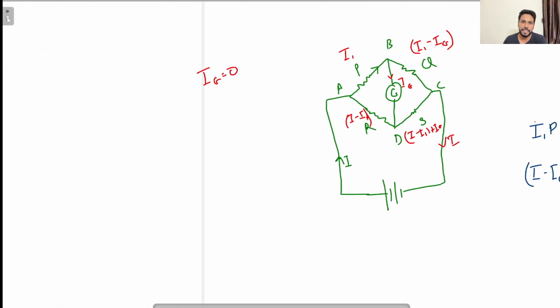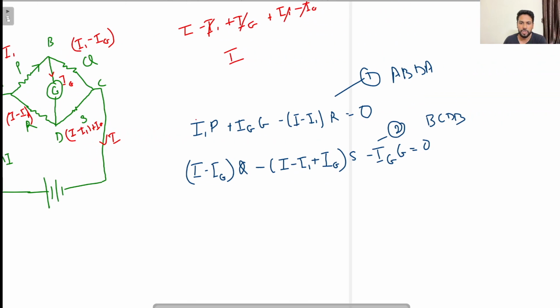My condition is that the Ig value should be 0, so just put Ig equal to 0 everywhere. My first equation becomes I1 into P minus (I minus I1) into R equals 0.